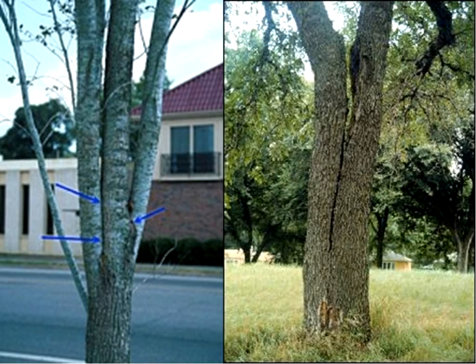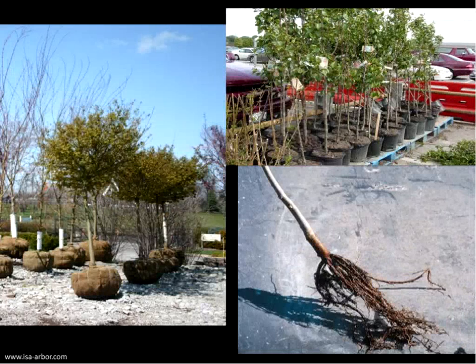They have narrow V-shaped crotches, and they fall apart. This will cost you money over the long term, so they're not a good investment. They could cost a lot of money if they someday cause property damage, or even worse, if they harm or kill a person. I serve as an expert witness in court cases, and unfortunately this kind of stuff happens all the time. But I'm going to spend most of my time dealing with the landscape below ground, with the rootstock.